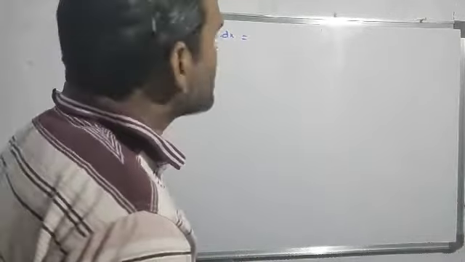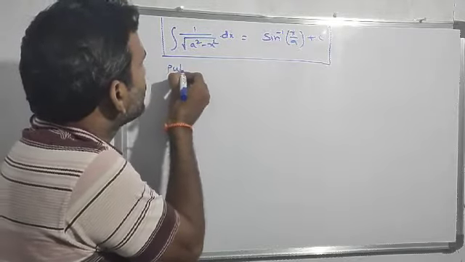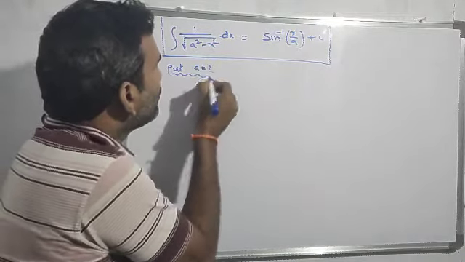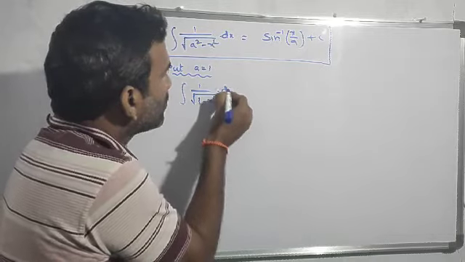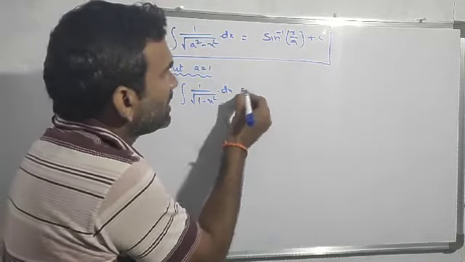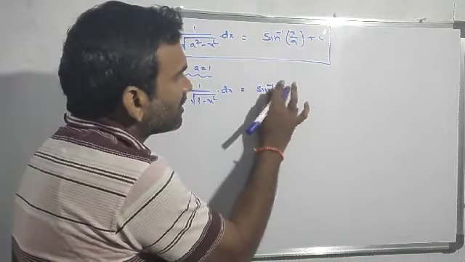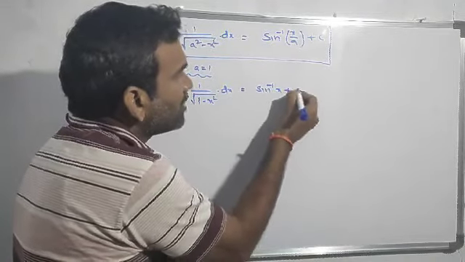Suppose if you put a equal to 1, you will get the standard formula, integration of 1 by square root of 1 minus x square into dx. This formula is sine inverse of x by 1, that means sine inverse of x plus c.